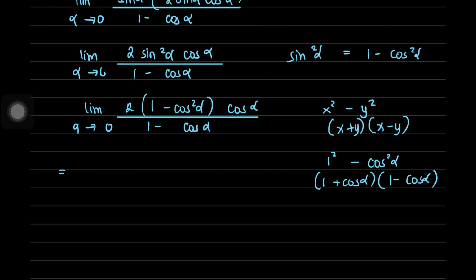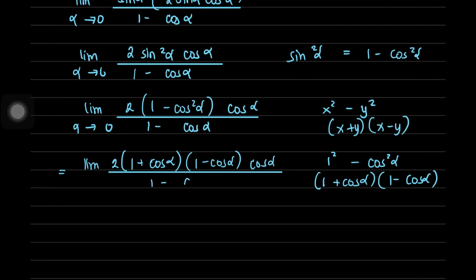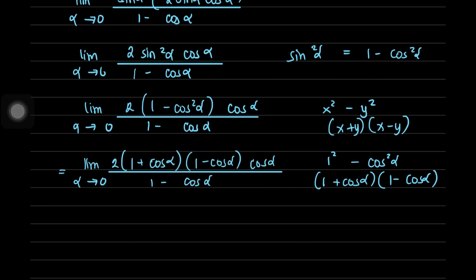So this would now be equal to the limit of 2 multiplied by 1 plus cosine of alpha multiplied by 1 minus cosine alpha multiplied by cosine alpha all over 1 minus cosine alpha as alpha approaches 0. Now, what we can cancel out here is 1 minus cosine alpha and this whole denominator. Alright, so we can cancel out 1 minus cosine alpha and 1 minus cosine alpha.